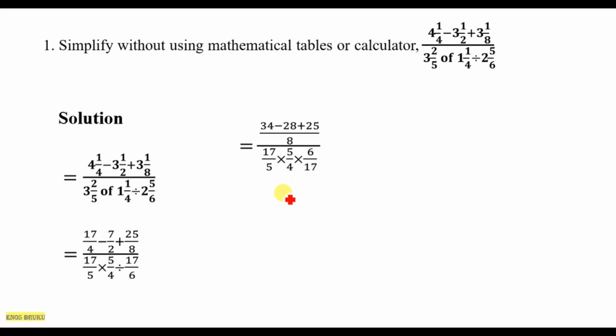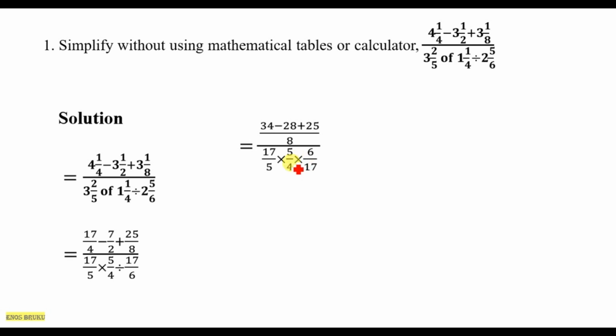That will be a taboo. You cannot find LCM when it is multiplication or division. When it is division, you change it to multiplication and then you cancel. If it is multiplication, you just go ahead and see whether you can cancel or not.